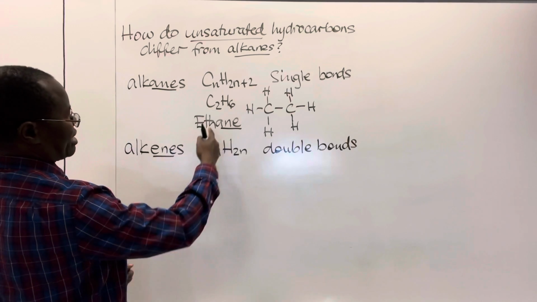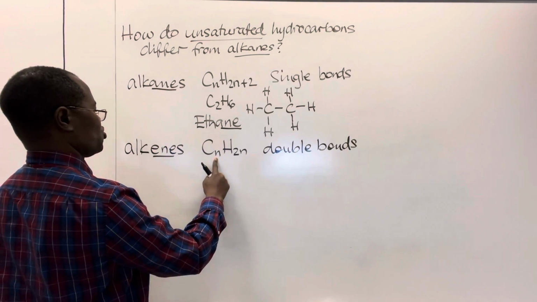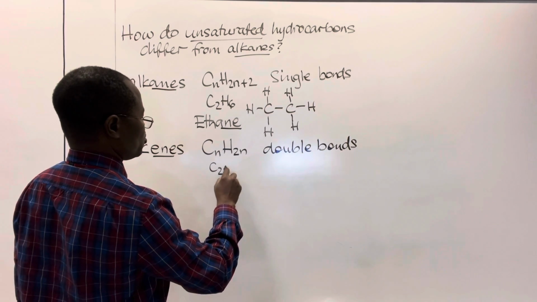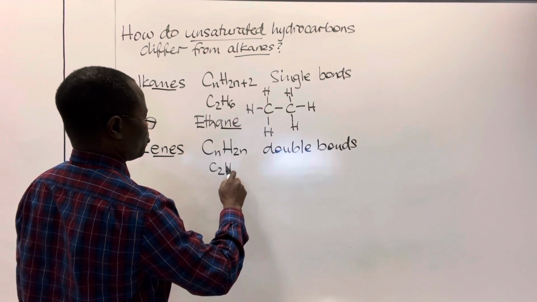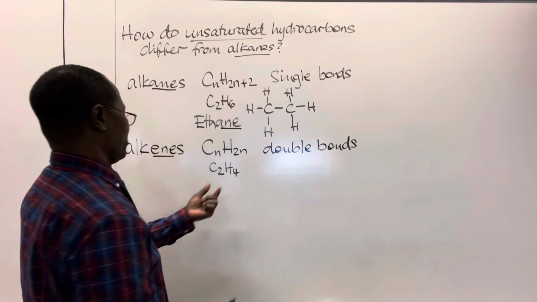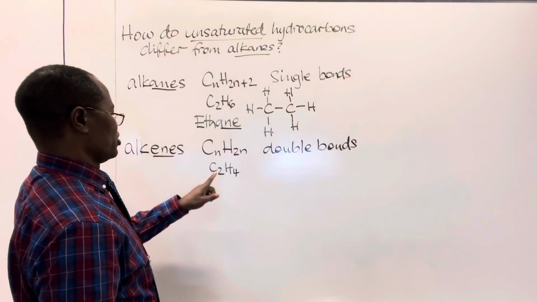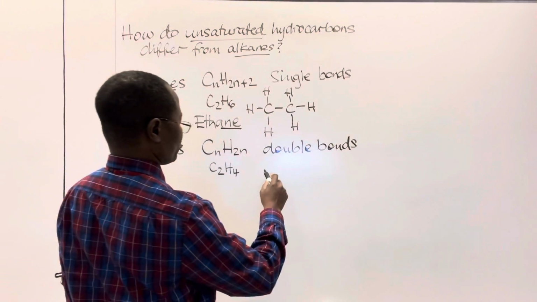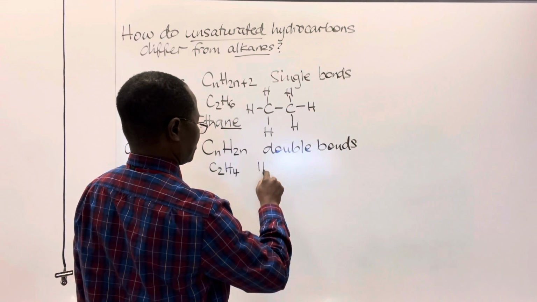So let's look again. If n equals 2, then the molecular formula will be C2H4, because 2 times 2 is 4. So there will be 4 hydrogens connected to 2 carbons. The structural formula will look like this.